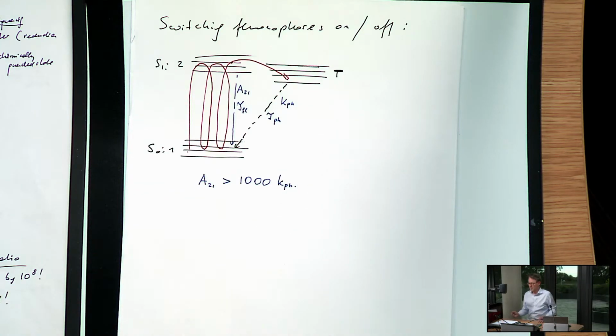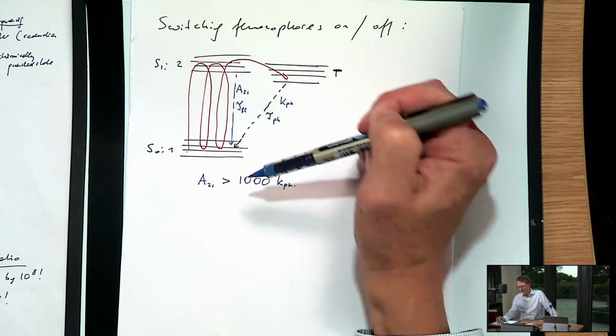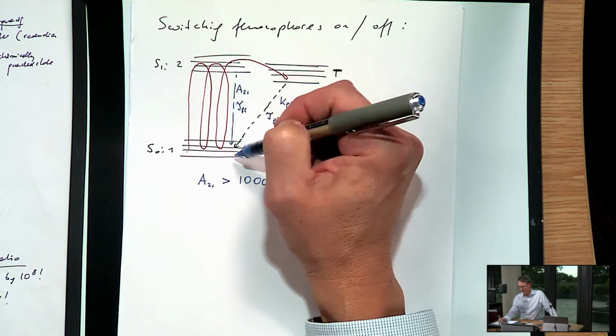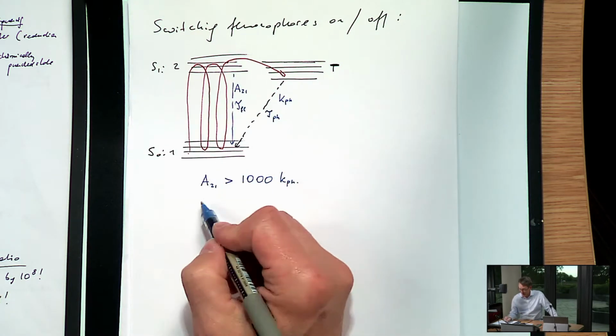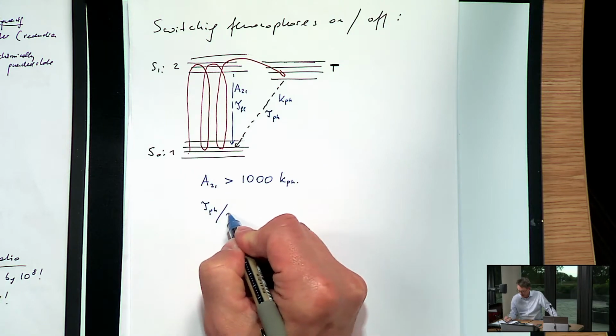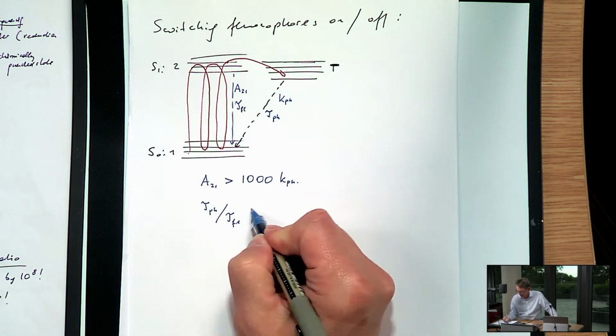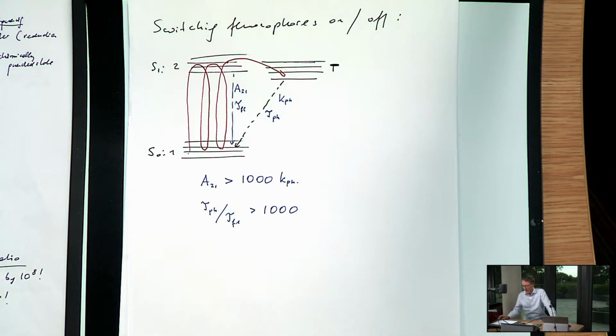What that means is it's much more quickly and much more likely to happen that the system comes down this way than that way. And that means, in other words, that the phosphorescence lifetime is maybe of the order of 1,000 times longer than the fluorescence lifetime, the normal standard signal lifetime that we've got.